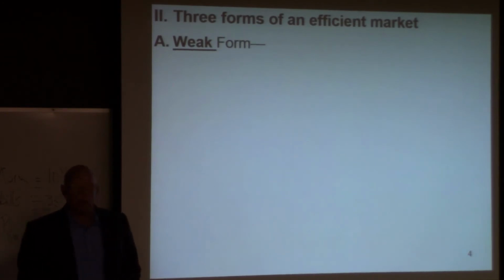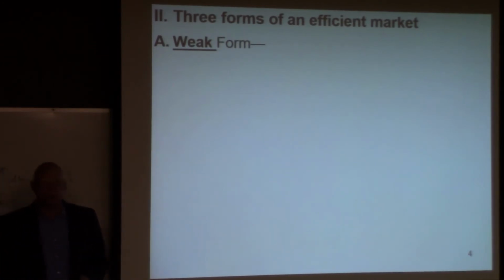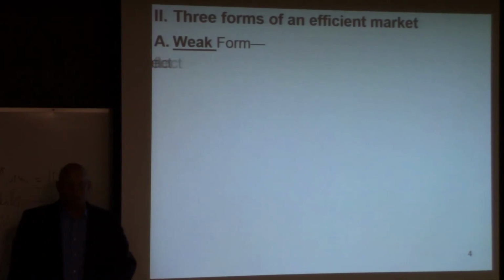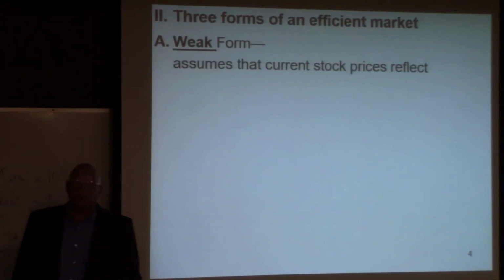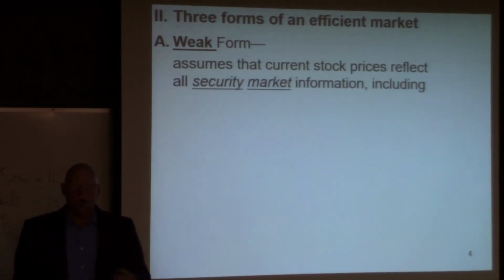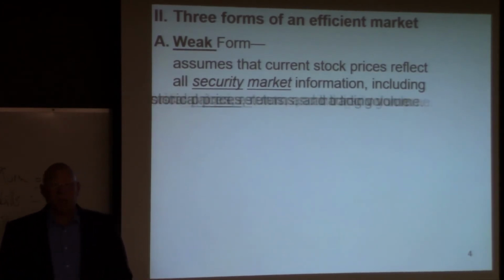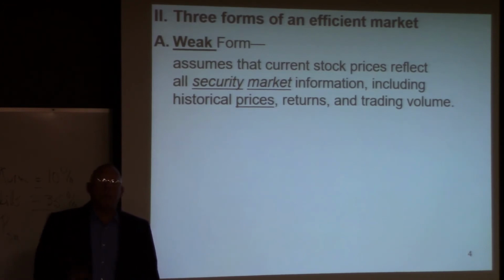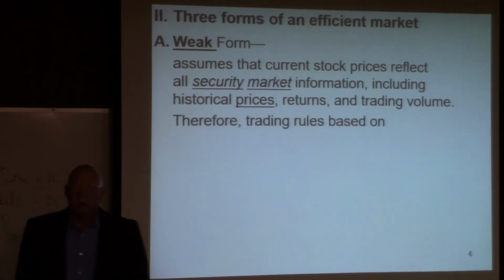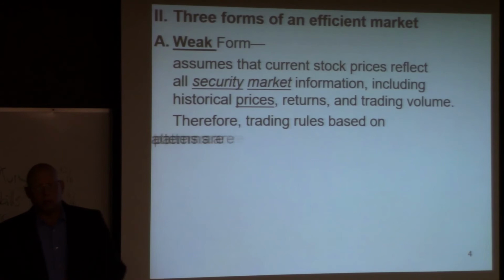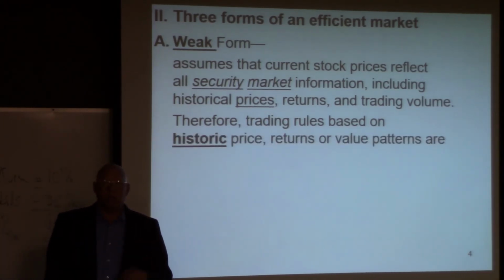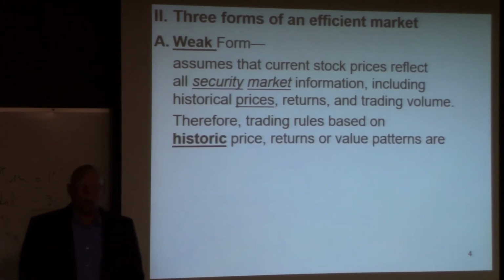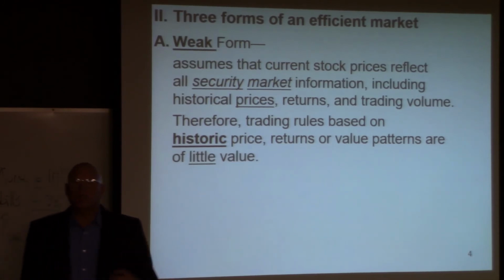So let's look at the weak form assumption about the stock market. The weak form assumes that current stock prices reflect all security market information, including historical prices, historical returns, and historical trading volume. So we have information about the market. Therefore, trading rules based on historic price, historic returns, or volume patterns are of little value.